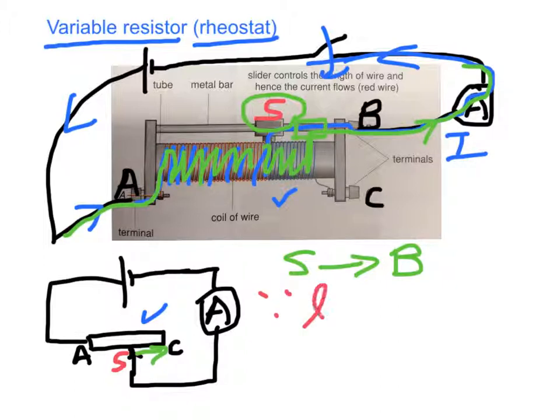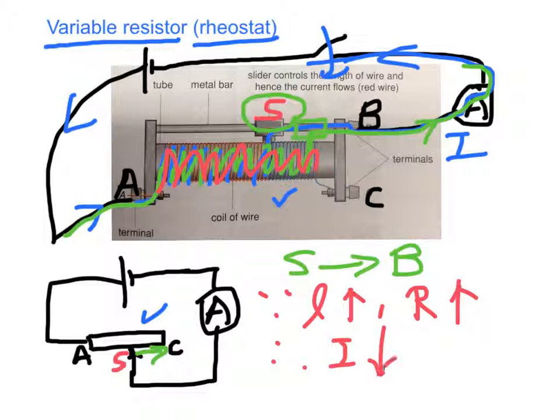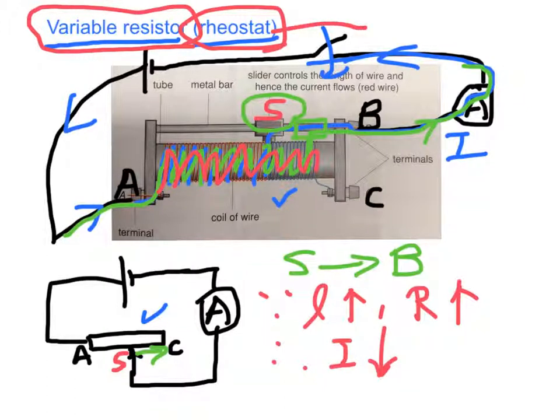Because the length of the resistance wire increases, the resistance of the circuit also increases. Therefore, the current in the circuit will decrease. Hence, a variable resistor or rheostat is often used to adjust the current I in the circuit.